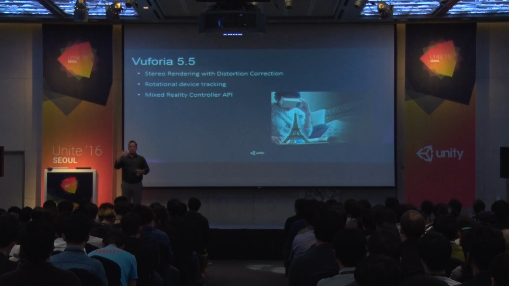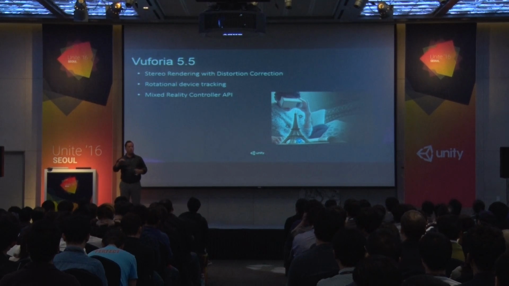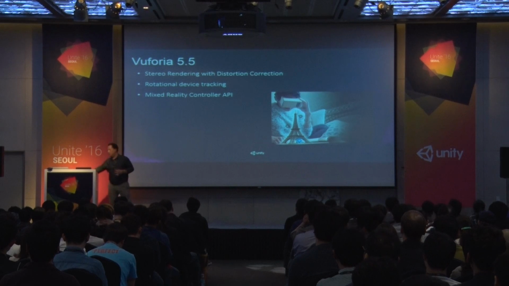It does a lot of the housekeeping of setting up the cameras, setting up the rendering, setting up mono versus stereo viewports. I'll get into some detail as to what these do.